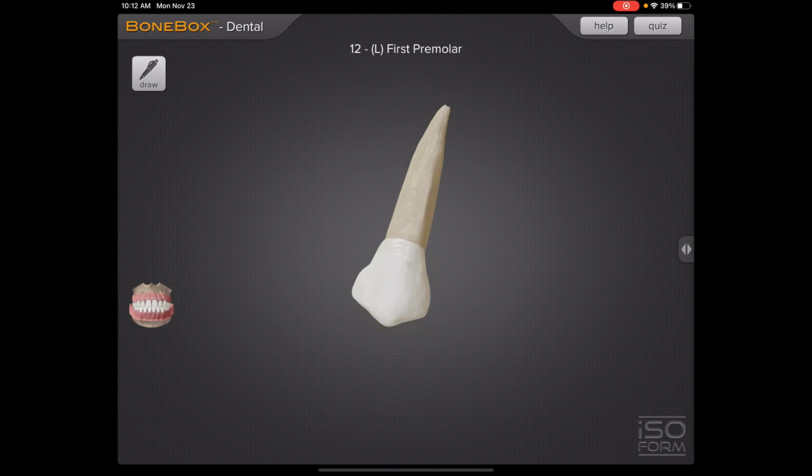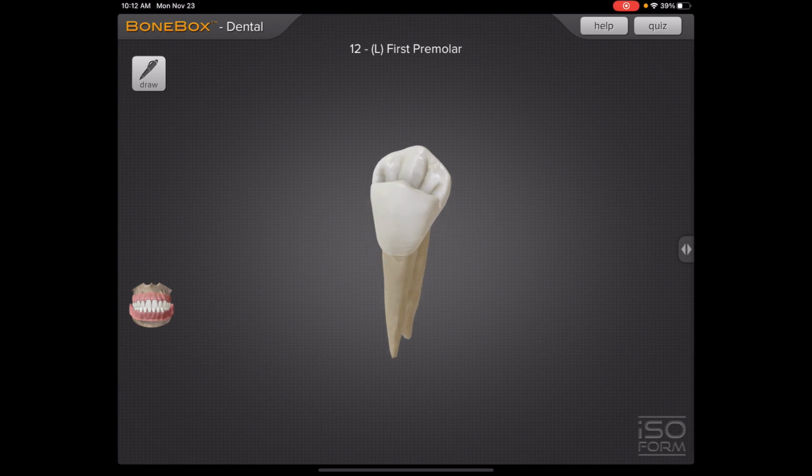While for the lingual, you have this 4th lobe, which is a large lingual cusp. The buccal cusp and single lingual cusp.